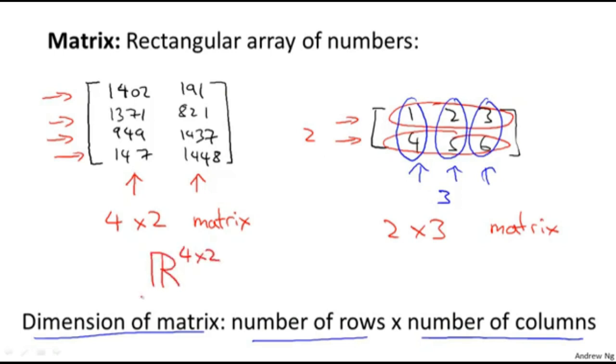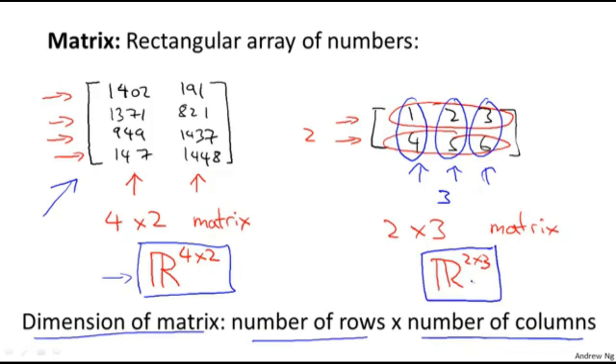Concretely, people will sometimes say that this matrix is an element of the set R4 by 2. This just means the set of all matrices of dimension 4 by 2. And the one on the right is sometimes written as R2 by 3. So if you ever see R4 by 2 or R2 by 3, people are just referring to matrices of a specific dimension.